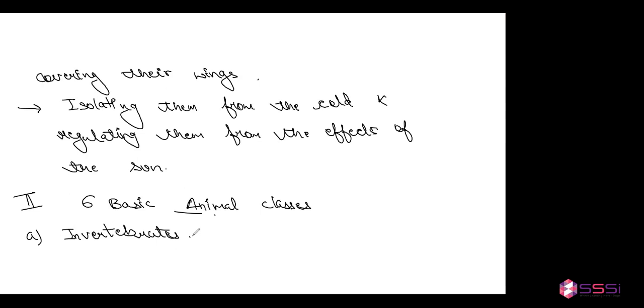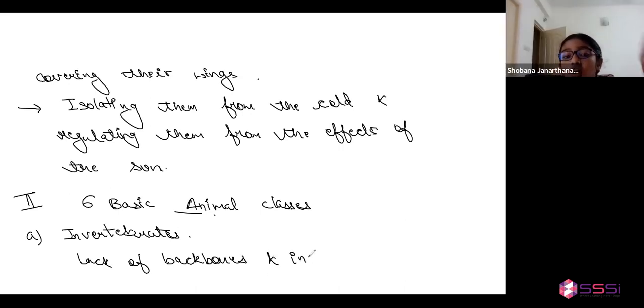The first animals to evolve as far back as a billion years ago, invertebrates are characterized by their lack of backbones and internal skeleton. Invertebrates would have the spinal cord, but not the backbones. Am I right? Yes.